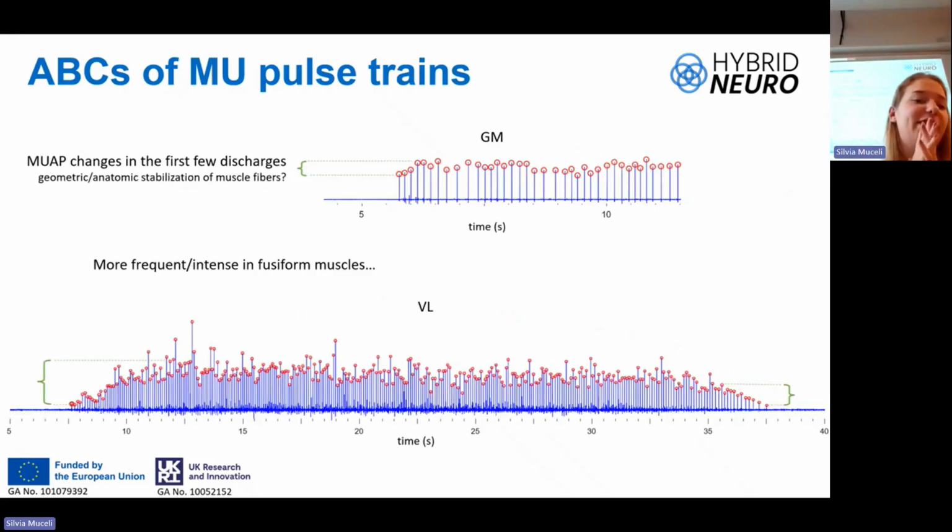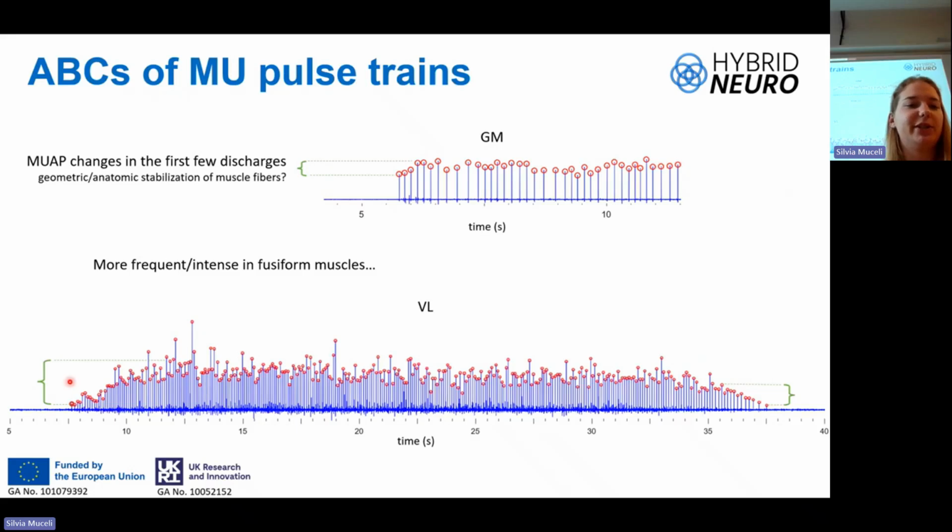In isometric contractions, also some smaller changes in amplitude of the pulse train are expected, especially during the phase when we are slowly increasing or decreasing the contraction level. So here we can see an example of a trapezoidal experimental protocol.